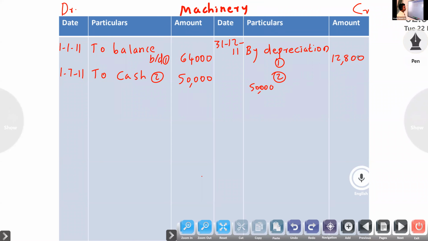Okay. So 20% is depreciation. So next 50,000 into 20% into 6/12.